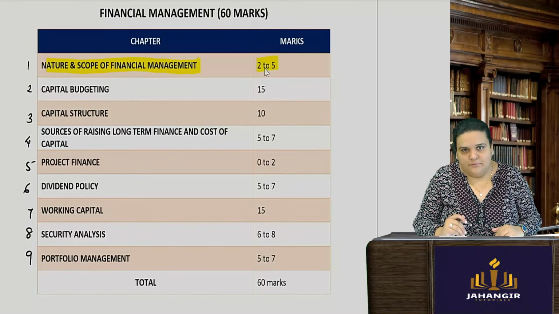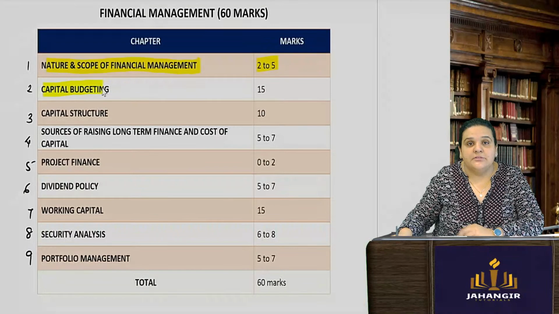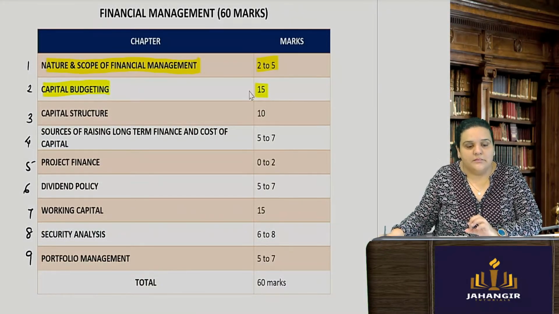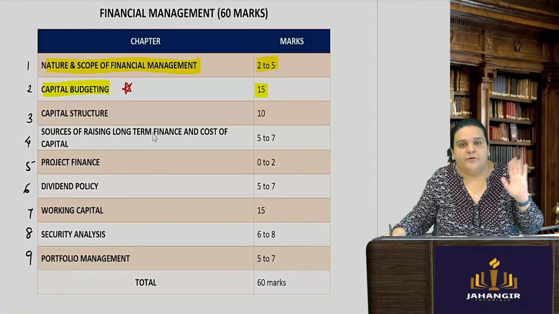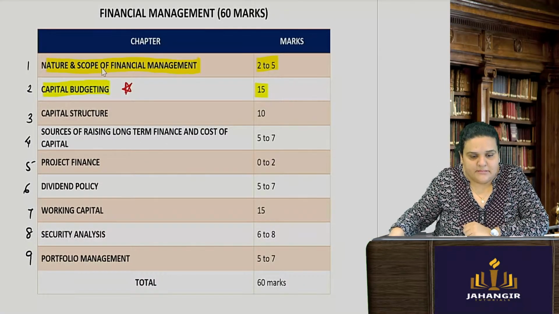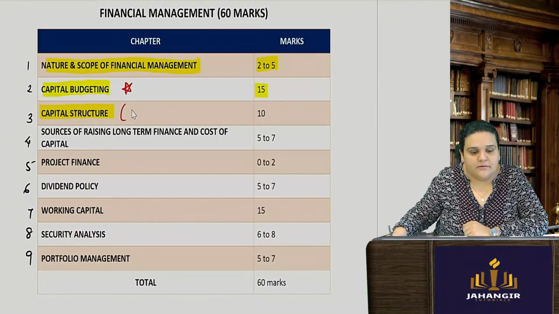I will come to how much is the weightage of theory and how much is the weightage of the practical sums. Coming to capital budgeting, chapter number 2. This is for a good 15 marks. It is the most important chapter for your FM. Then we have capital structure. Capital structure also has leverages in it.